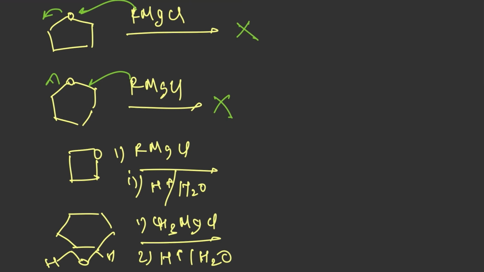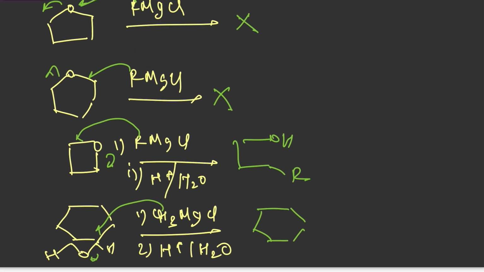So R⁻ will attack over here, this ring will open, so it will form OH R. And in the fifth also the CH3 will attack over here, this ring will open, and it will form HOH CH3 H and its mirror image. They are enantiomers.